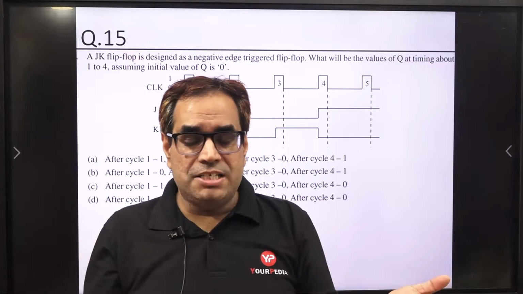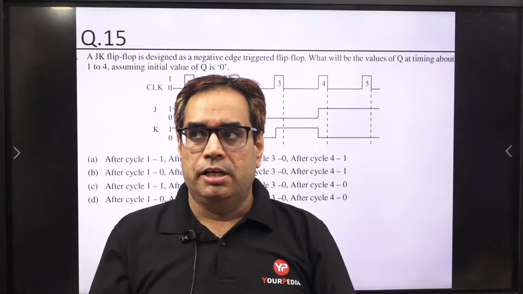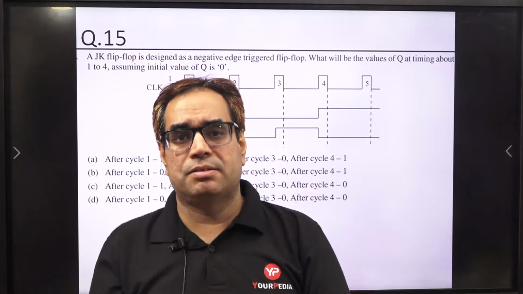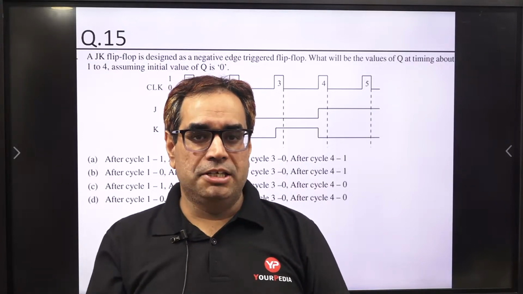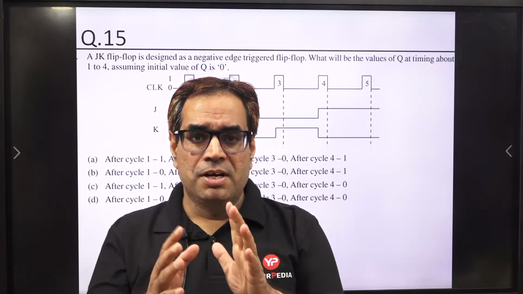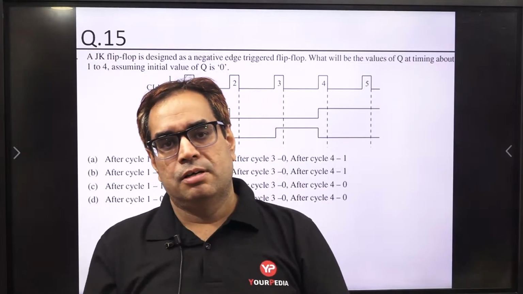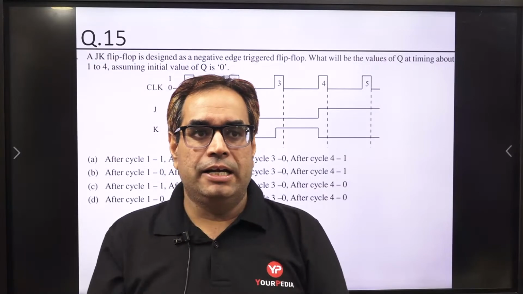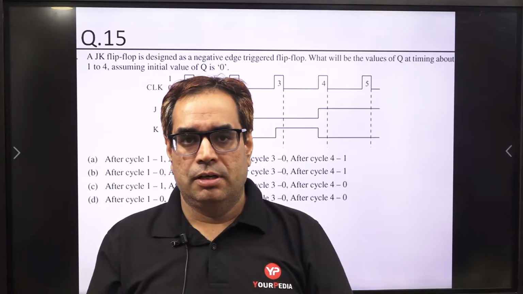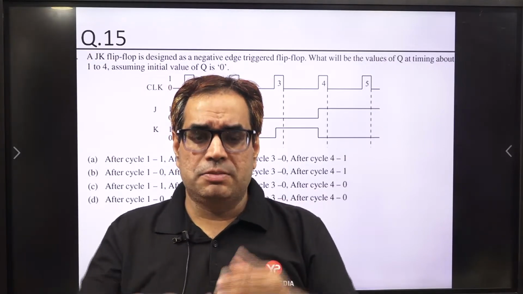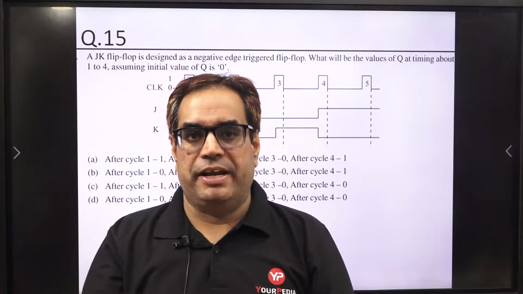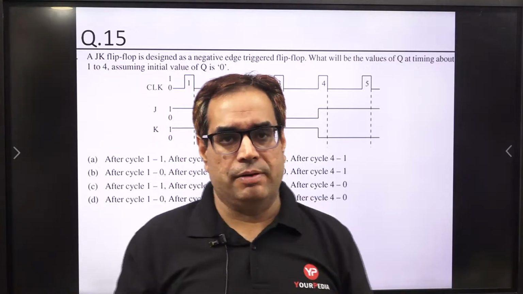It is equal to the present state. There is no change. In case of J0, K1, the flip-flop resets. In case of J1, K0, the flip-flop sets. And in case of 1, 1, it toggles, meaning the complement state is obtained. So this is the truth table.